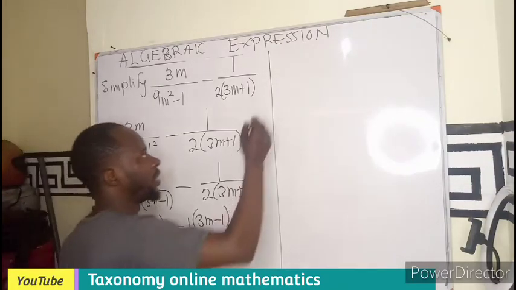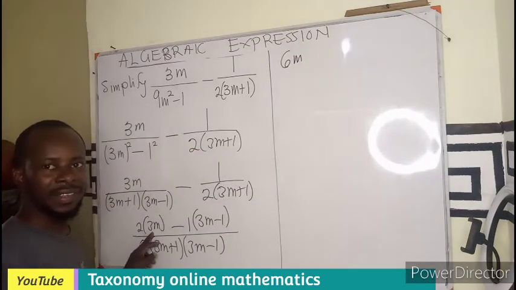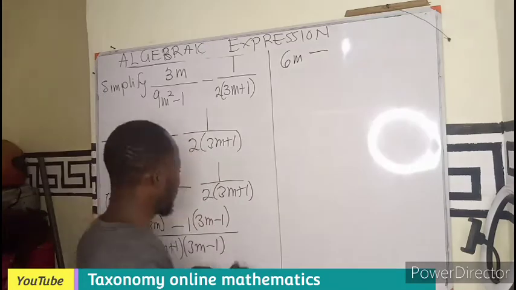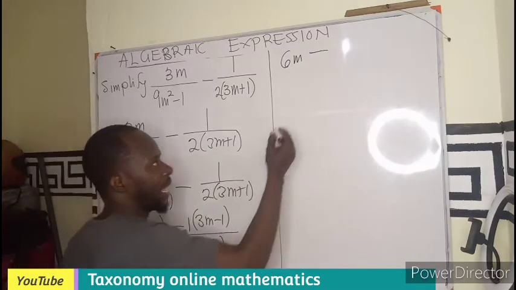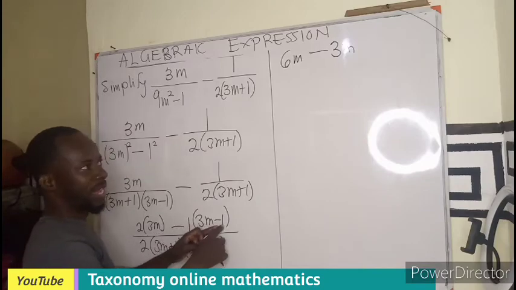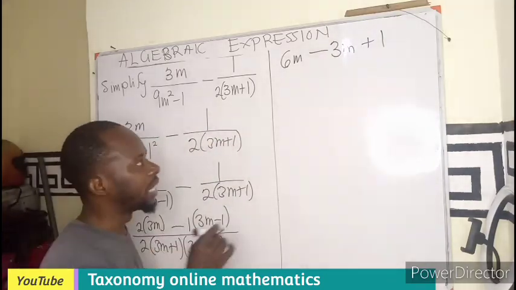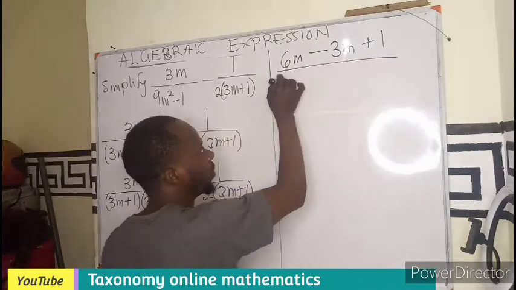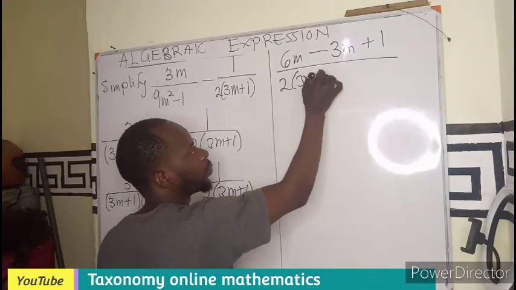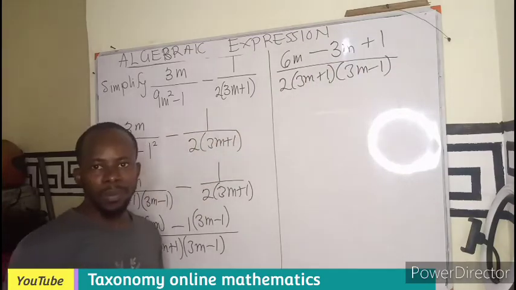So this is going to be 3m times 2 will give us 6. Then minus 1 times 3m, minus 1 times minus 1 give us what? Plus 1 for the numerator. Then our denominator still have as this.